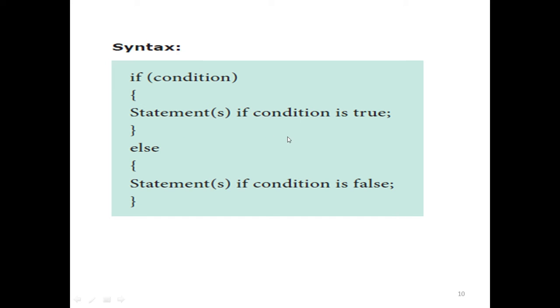If the condition is true, the statement executes. Suppose it is false, it goes to the next statement. Simply we say statement 1, statement 2 like this. If the condition is true, it goes to the statement 1 path. If it is false, it goes to the else path. Okay, that's all.